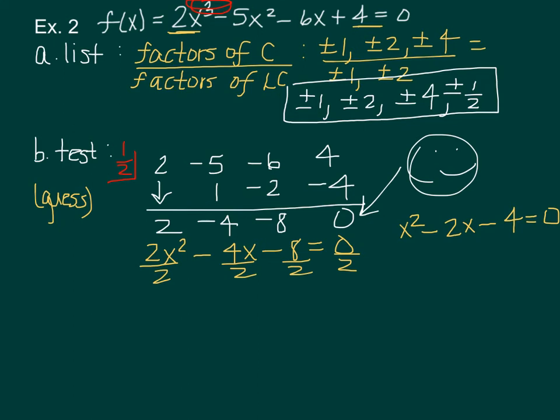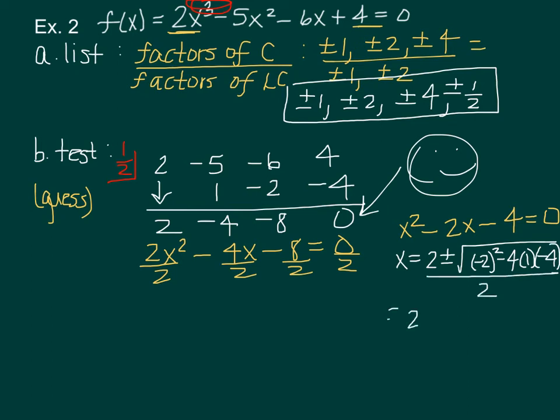So other choices you could do is quadratic formula. I should have said you can also use completing the square if you like that method. Okay, so x equals -b plus or minus square root b squared minus 4ac all over 2a.